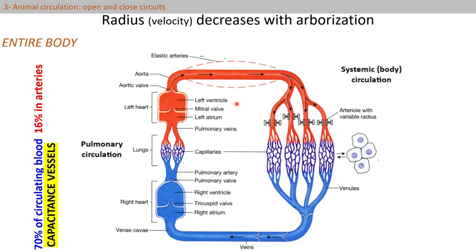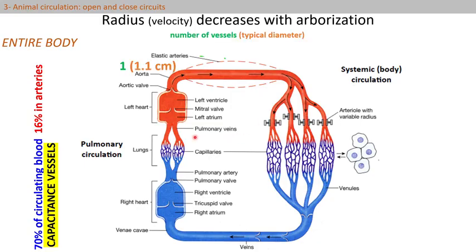What I want to mention on this diagram is that 70% of the blood in circulation resides in the vein compartment. So those are called capacitance vessels. That just means that most of the capacity of the blood volume is in the veins. 16% is in arteries.